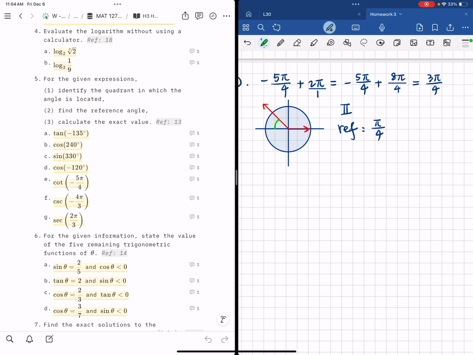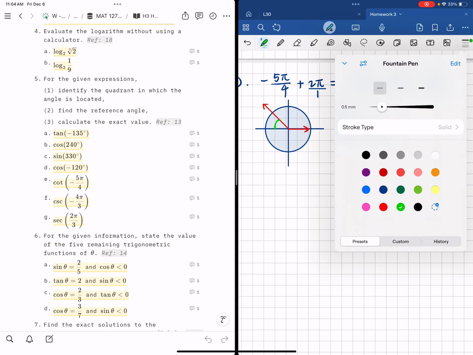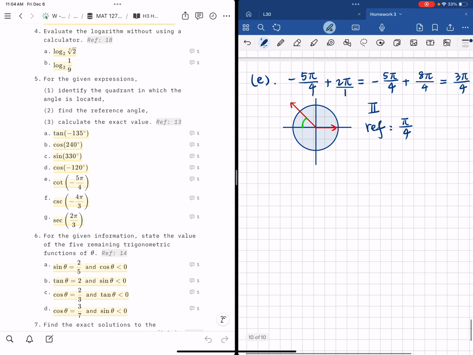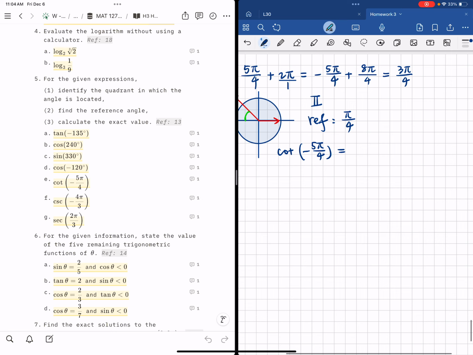And then we have the exact value. For the exact value, which function are we looking at? We're looking at cotangent. Okay. So cotangent of this angle is the same as cotangent of 3 pi over 4. And cotangent, using the reciprocal identity, is cosine divided by sine.